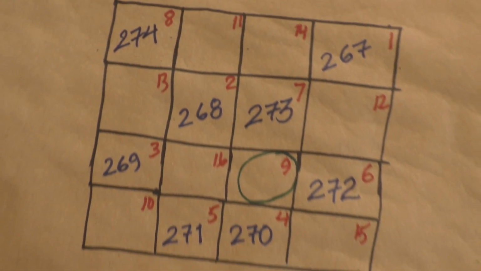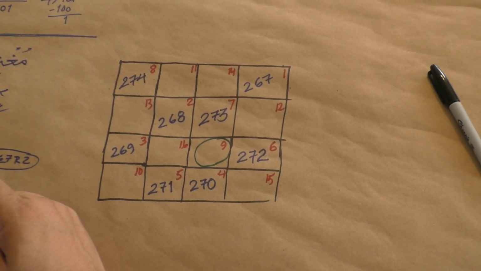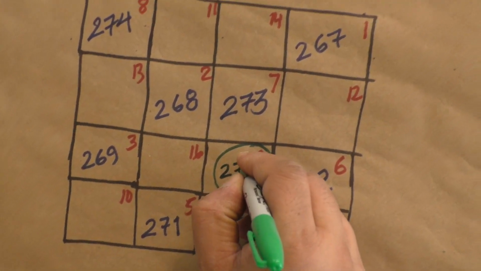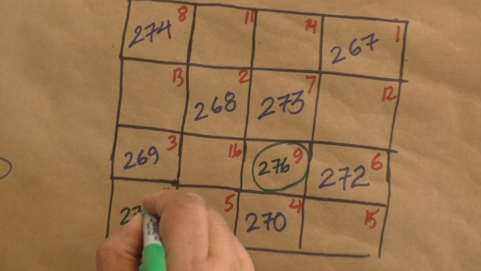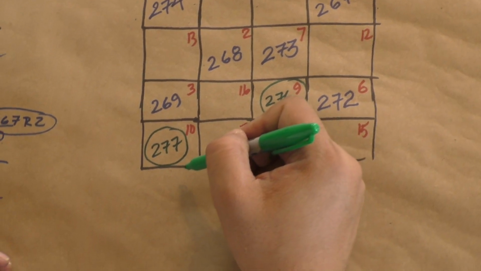274. Now, when we come to cell 9, we would have had 275. So obviously we can't do that. We've got to increase that by 1, and then it'll be 276. Then when you go to 10, it's going to be 277. Let's circle this one as well. 277.